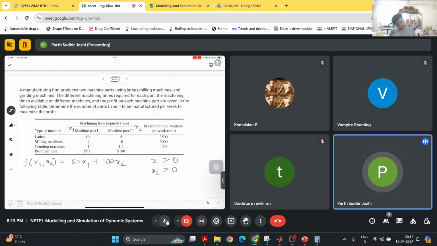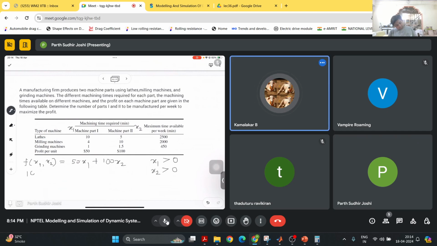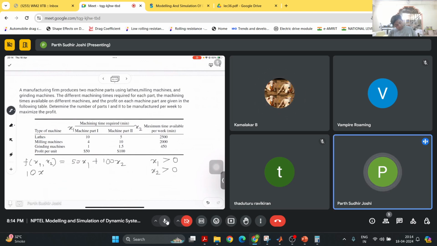So the next constraint would be for the lathe, where the maximum time available is 2500. The machining time required for part 1 and part 2 together will be 10x1 plus 5x2 less than or equal to 2500.